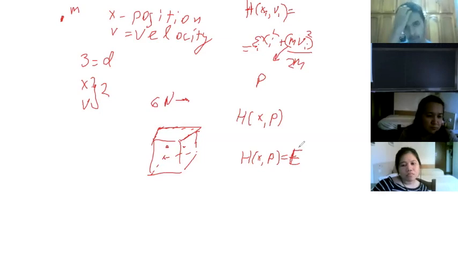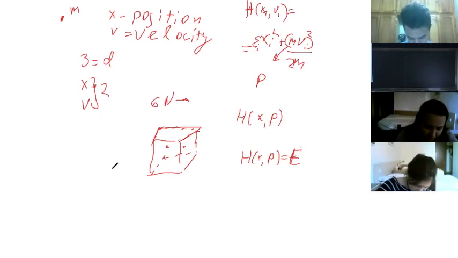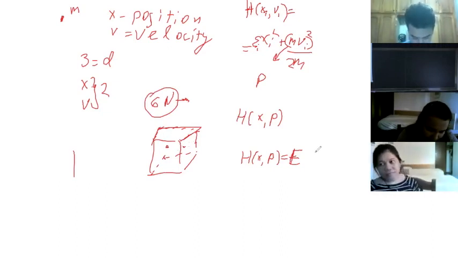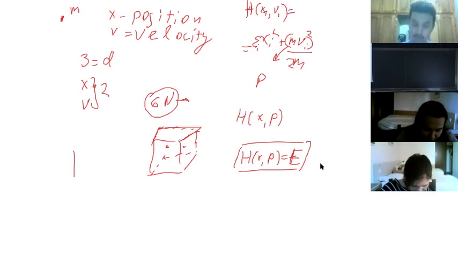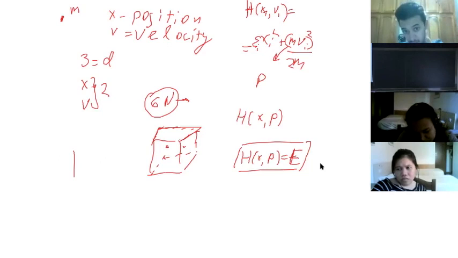Okay. And we already introduced this concept. When you have absolutely no information, there are 6n degrees of freedom, and we know that x can be just inside the cube. And I tell you that energy is conserved, and I tell you the energy. So how can we express in statistics that whatever happens, the energy of this system is always equal to E? The probability distribution of the energy.